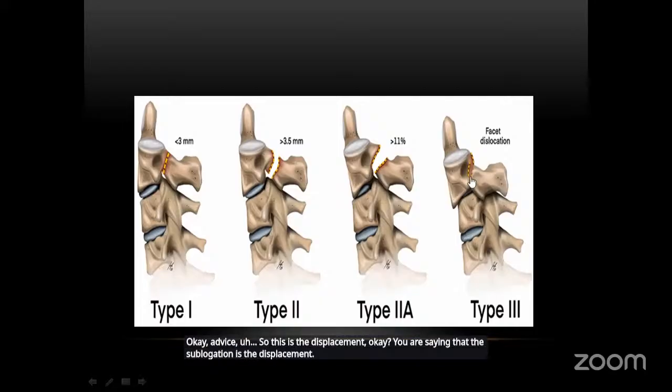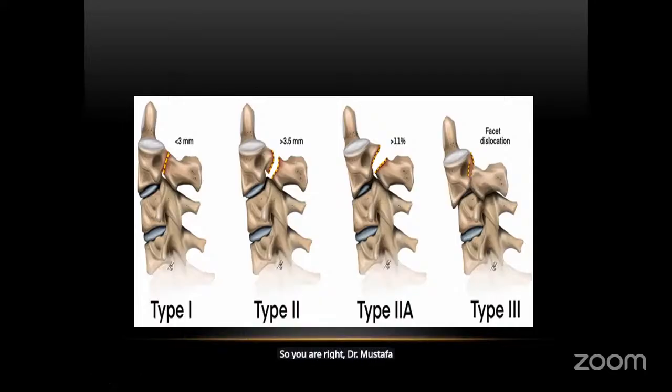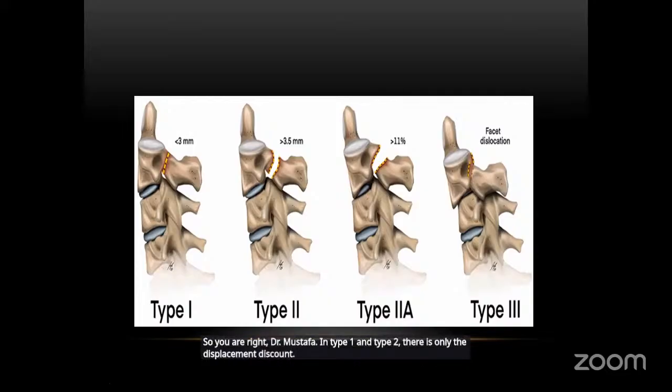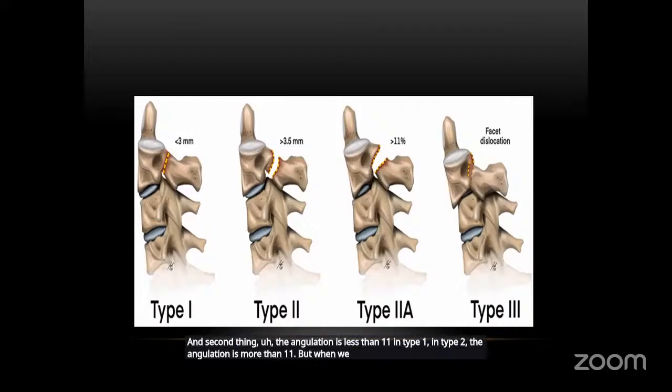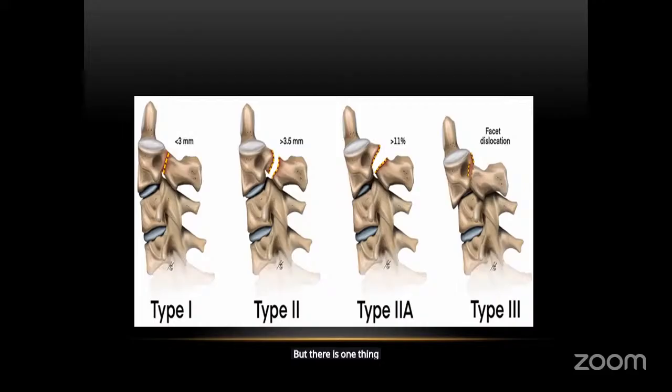You are right, Dr. Mustafa. In grade 1 and grade 2, only the displacement is counted, and the angulation is less than 11 in one and more than 11 in the other. In grade 3 and grade 4, it is the same: angulation less than 11, and more than 11.